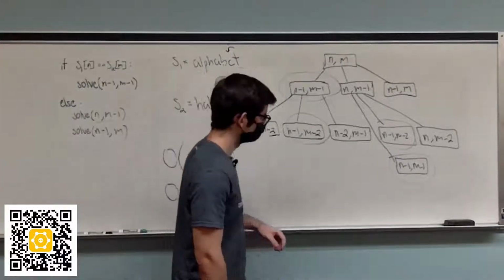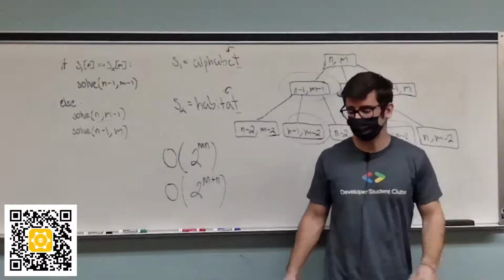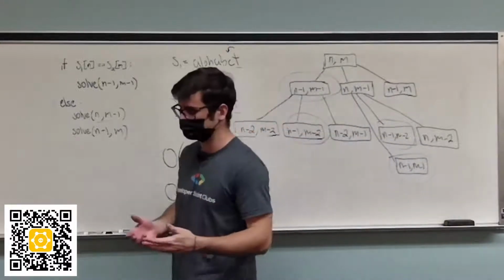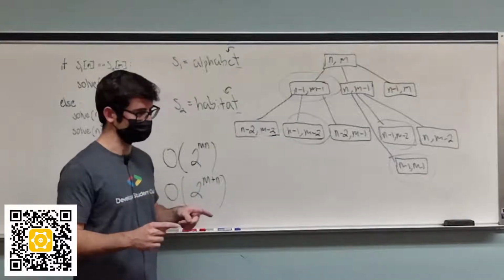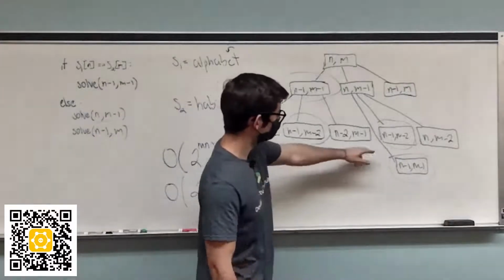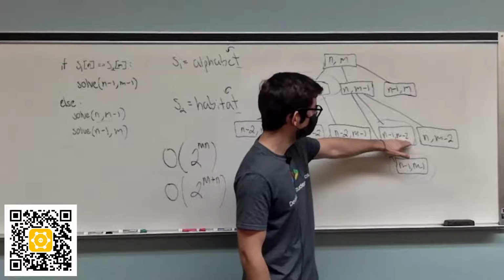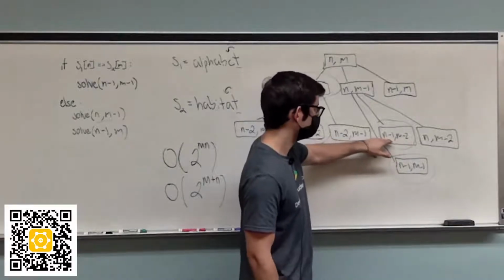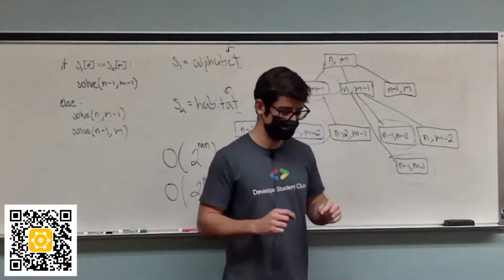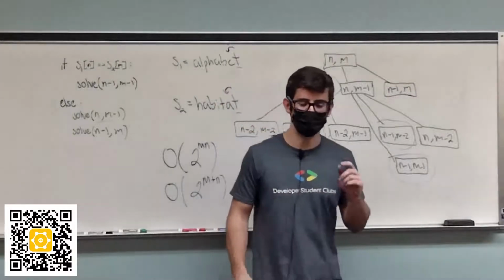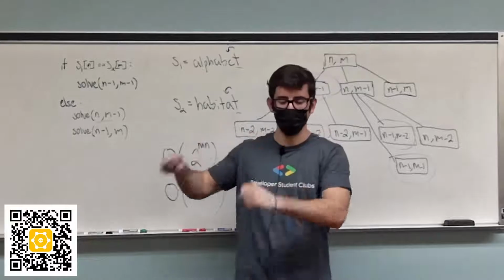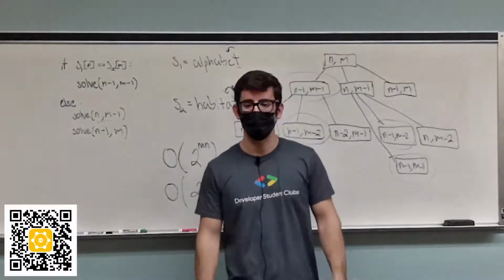So what can we do? Instead of redoing this work multiple times, is it possible for us to store it somewhere? So when we get to an n and m pair that we've previously seen, we don't do the work again. Instead, we can just get whatever that answer gave us. Is that possible?